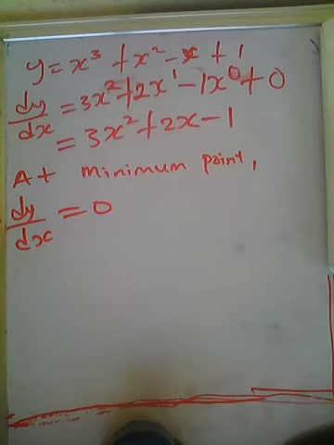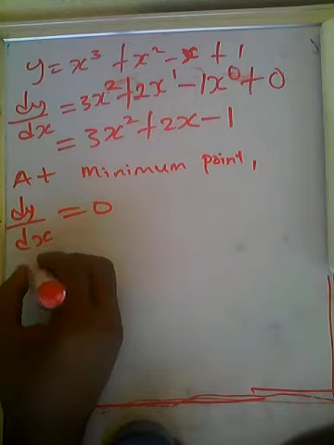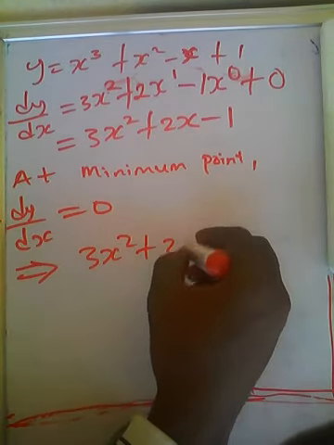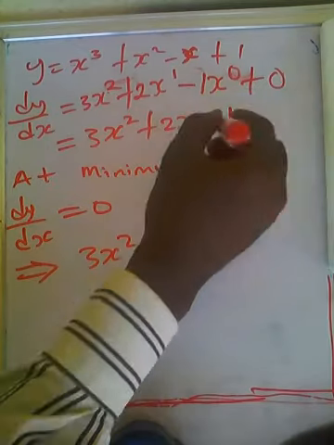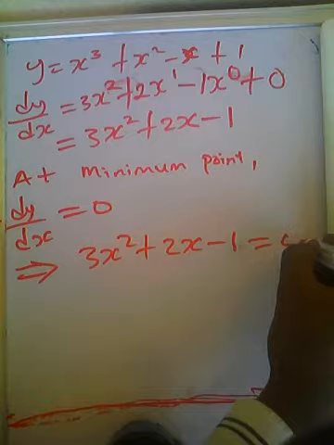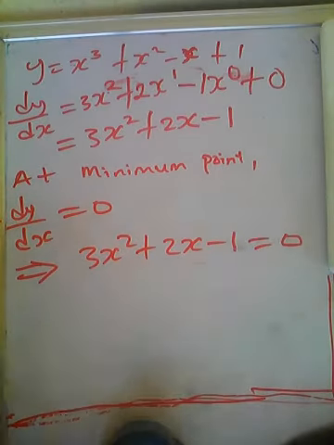That helps us to find the critical value of x. That implies that 3x squared plus 2x minus 1, which is the dy/dx that we got here, will now be equal to 0. To get x, we have to solve this equation quadratically, because it's a quadratic equation.